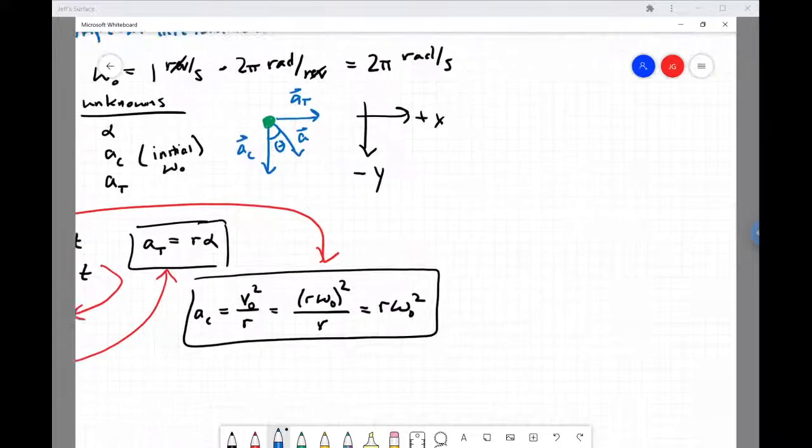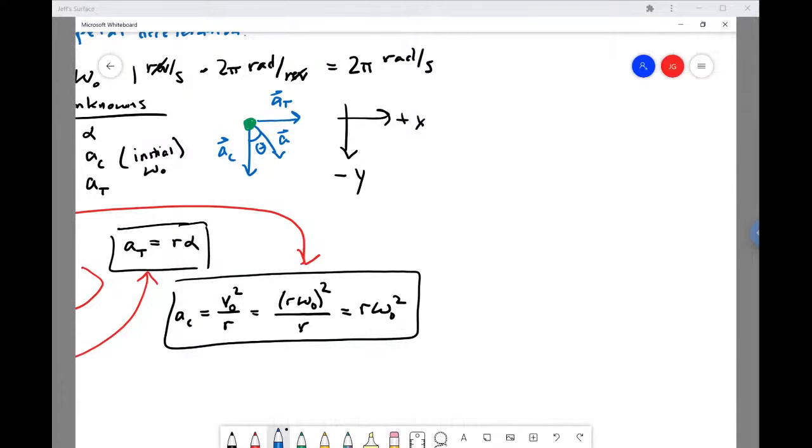Let's go over here. And so AT plus AC is going to equal A total. If I write this in unit vector notation and I use these axes, the x component of the total acceleration is A sub t, and the y component is A sub c.